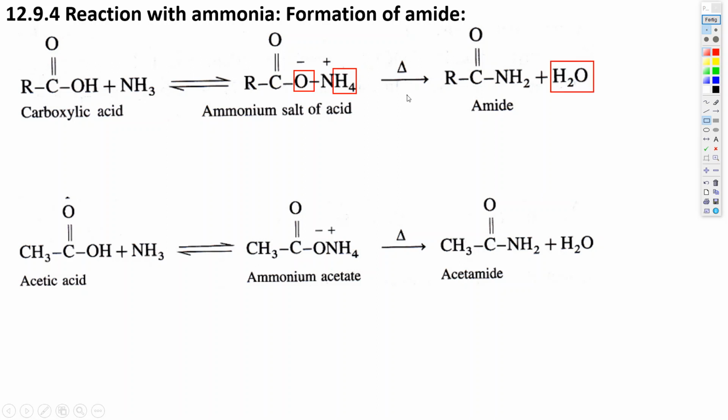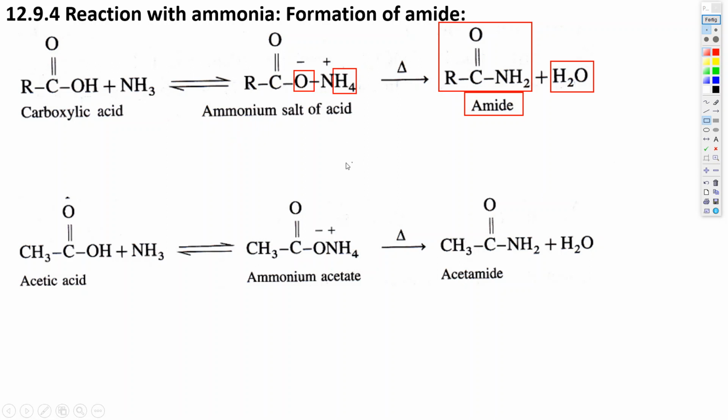Now see the remaining part. What remains? R C double bond O and NH2. So this R C double bond O NH2 we call an amide. So this is the formation of amide from carboxylic acid.